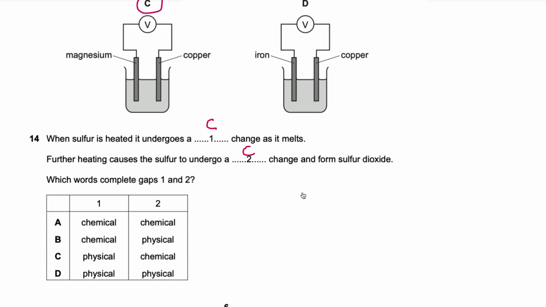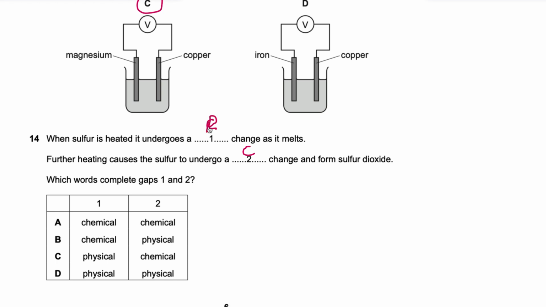There is no physical change attributed to the case of sulfur in this regard. So our answer will be chemical and chemical? Let's read it again. When you heat sulfur, it undergoes first a physical change, before the reaction takes place.